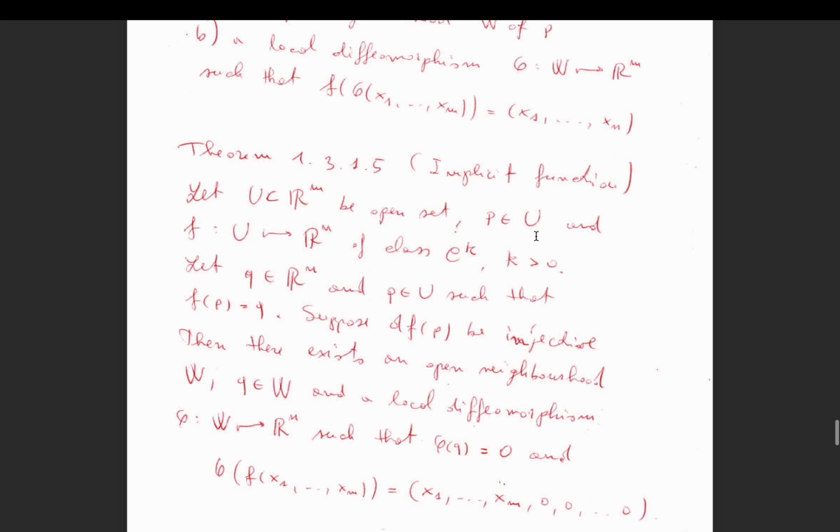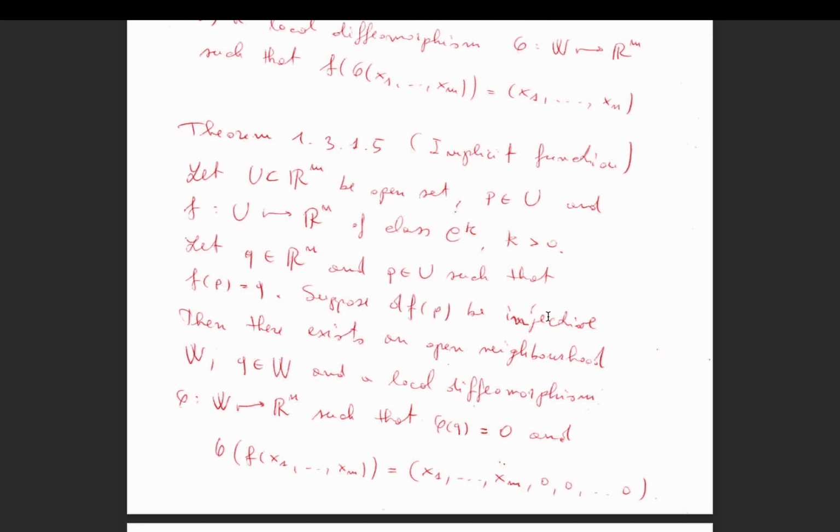The injective version is the following. Suppose P is a point in Rm and U an open neighborhood of P. Let f be a map from the open U inside Rm. Assume also that f(P) is equal to Q, with Q belonging to N, and assume that the differential of f at the point P is actually injective.